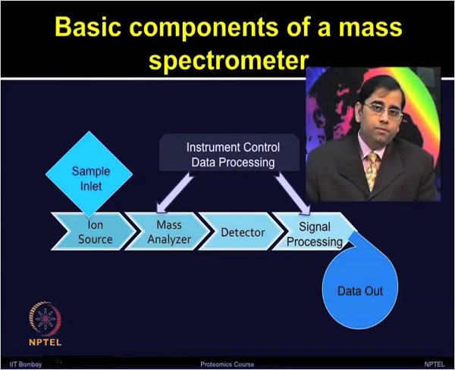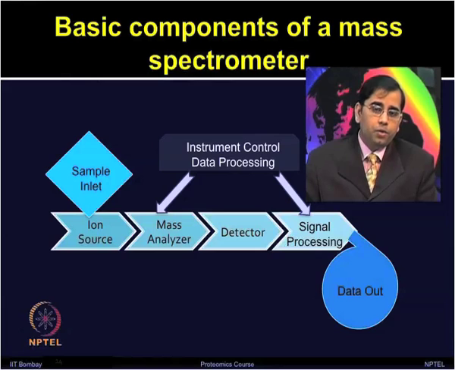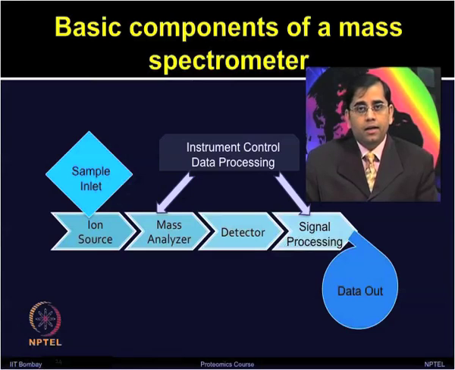The ion source, or ionization source, converts neutral sample molecules into gas phase ions. Mass analyzers separate and analyze the mass of the ionic species.